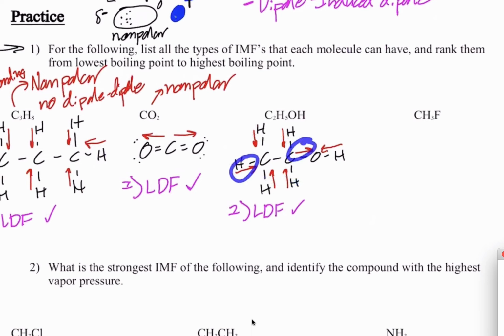However, these two vectors here are going to add together, and they're going to be greater than the opposite OH vector right there. So the whole molecule has some polarity. This one is polar, so it is going to have dipole-dipole forces.